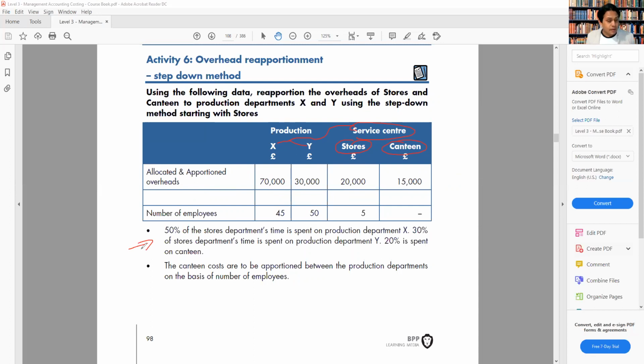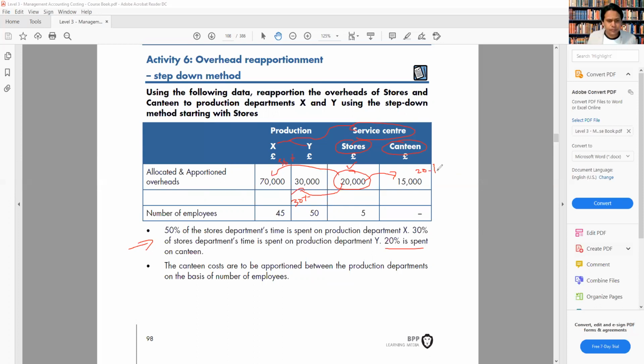They said 50% of the store department time spent on production X. So basically from here, from 20,000, 50% will come to X. Then 30% will go to the store department cost to the Y. So from here, 30% will be here. 50 and 30, 80%. And 20% will go to canteen. So from here, 20% goes to canteen.